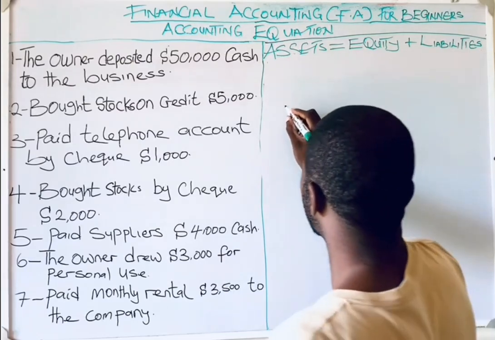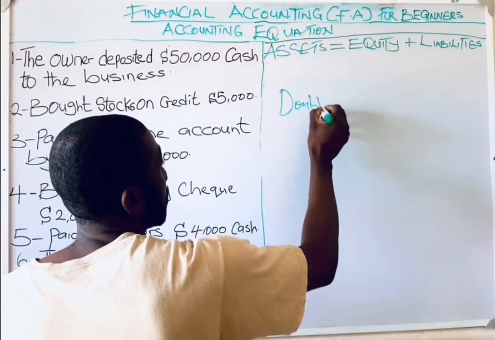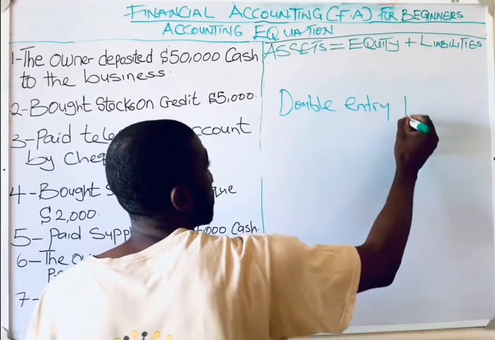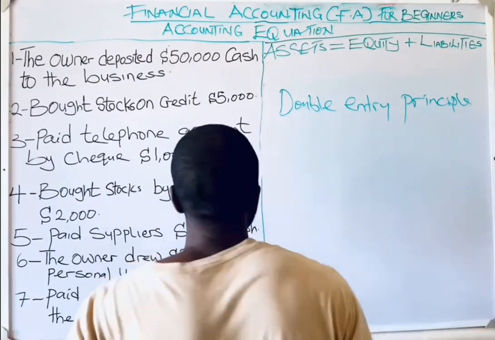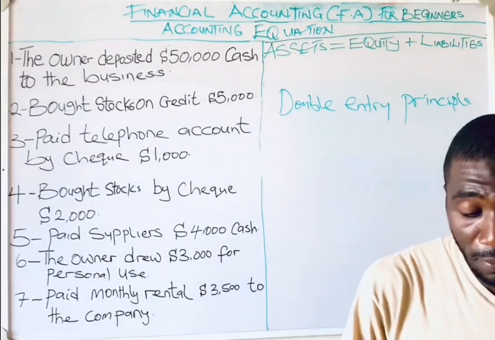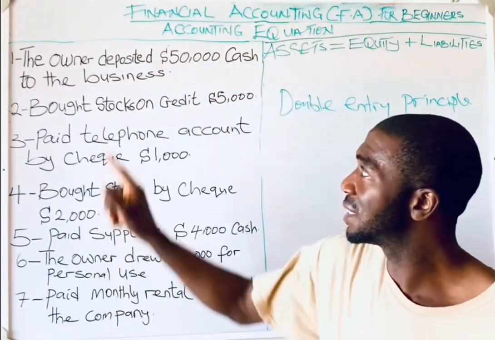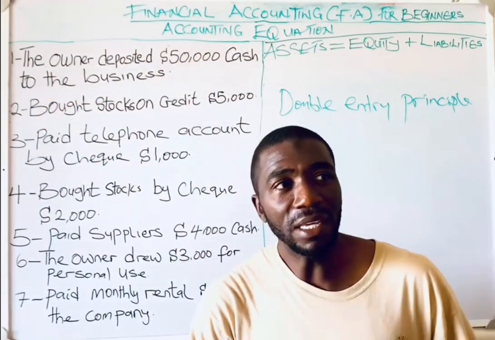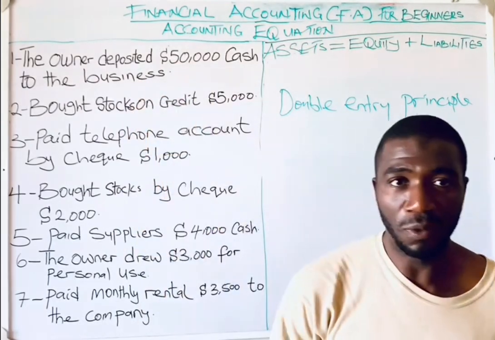And that principle is called the double entry principle. This principle says that for a particular transaction, there must be two accounts for one transaction.